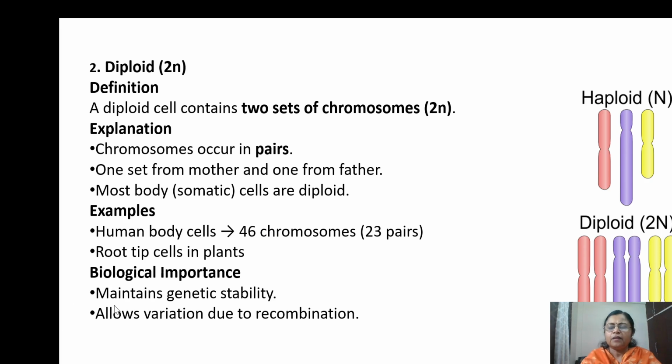So what happens if the cells have two sets of chromosomes? It maintains the genetic stability and allows variations due to recombination.